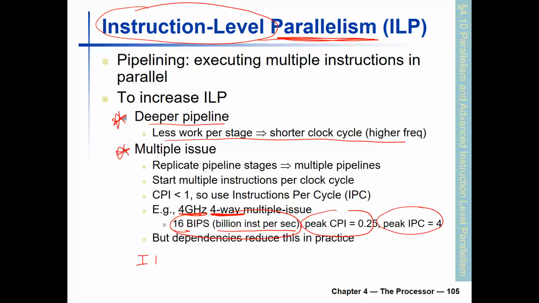Notice that instructions per cycle is equal to 1 over cycles per instruction. And the CPU time equation, we said, is instruction count times CPI times cycle time. So notice when I reduce the CPI, what happens? Reduction of CPI reduces the CPU time. So that's the plan of attack for instruction level parallelism.